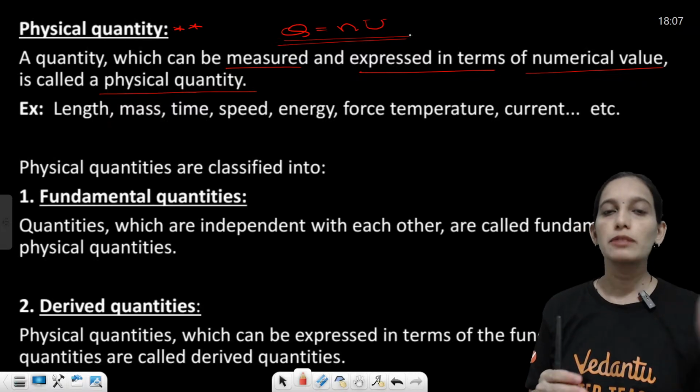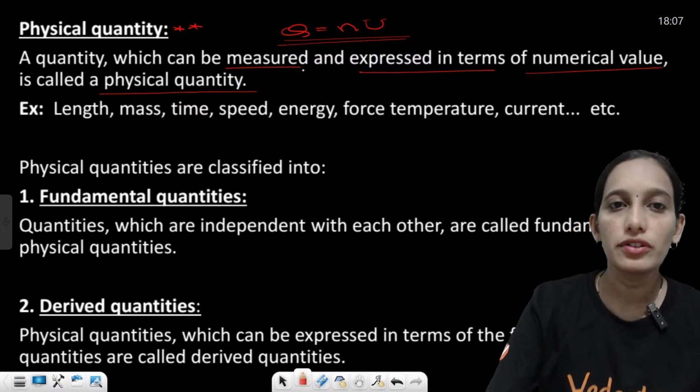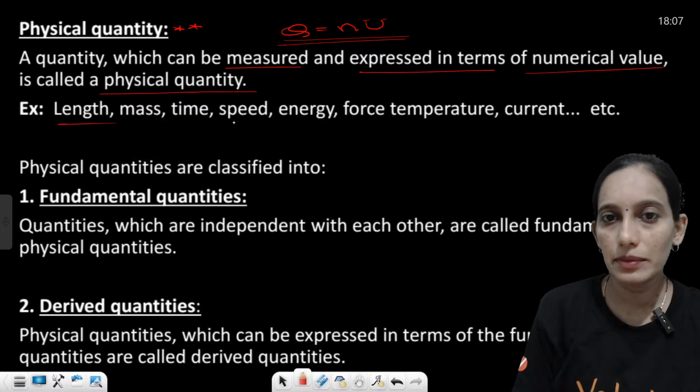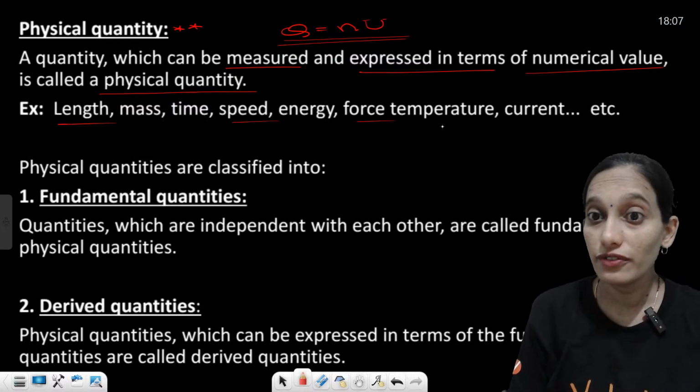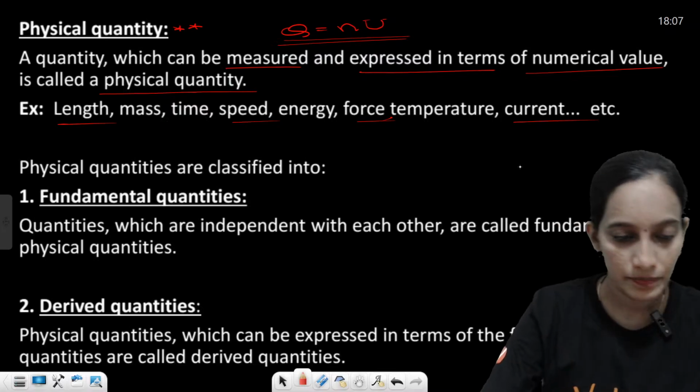Depending on the quantity, we will have different units. Some simple examples of physical quantities are length, mass, time, speed, energy, force, temperature, current, etc.